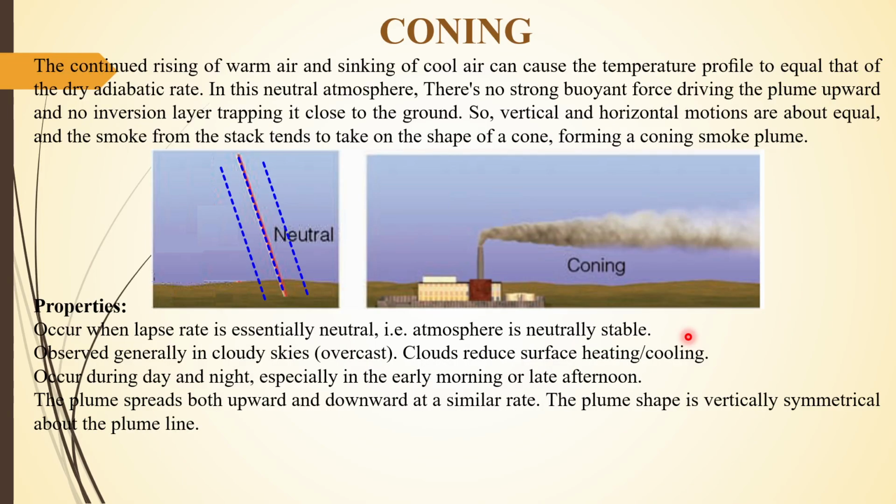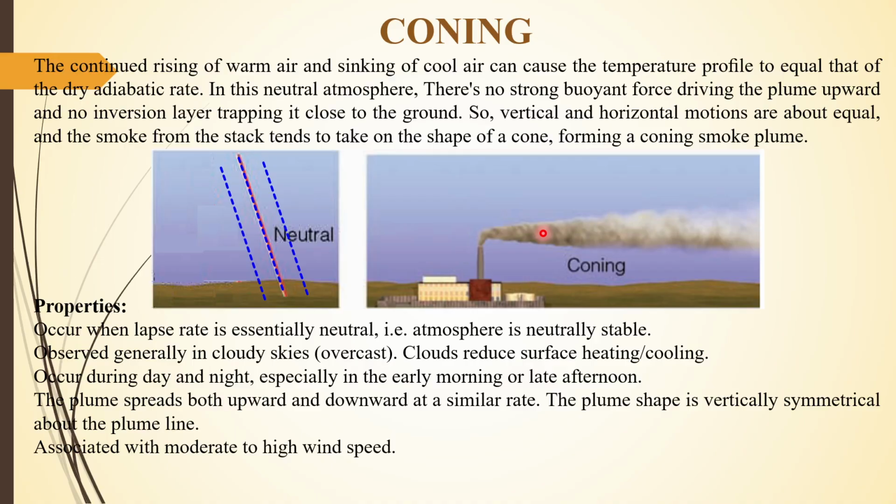The plume spreads both upward and downward at a similar rate, and the plume shape is vertically symmetrical about the plume line. The center of the plume is the plume line.